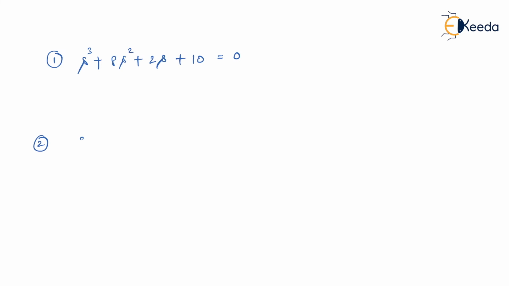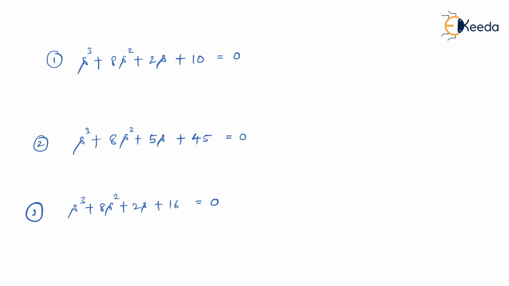Let me write a second example, that is s cube plus... Suppose we have these 3 characteristic equations for which we have to identify whether the system is stable, unstable or marginally stable. You don't have to really solve it in a traditional way. Just by observing, you can say whether it is stable, unstable or marginally stable.